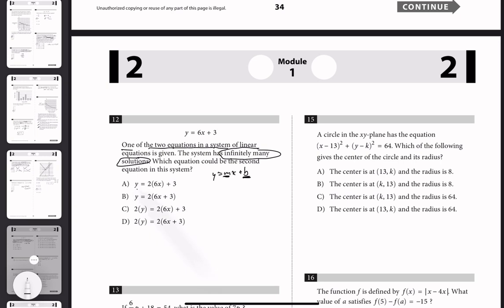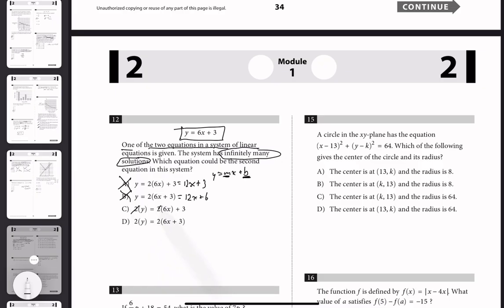So looking at our equations, this is going to be equal to 12x plus 3, and that's not equal to our equation up here. And then we have 12x plus 6. If we distribute that, that's also incorrect. And then be careful of the 2y on this side.